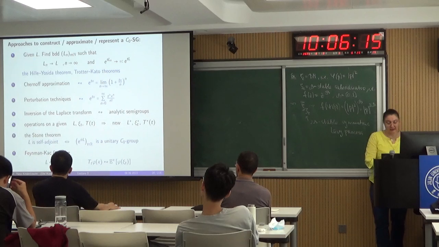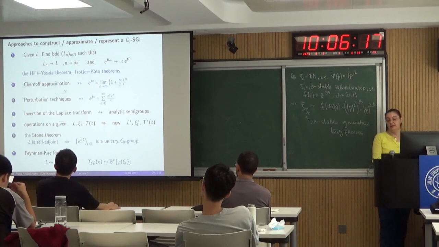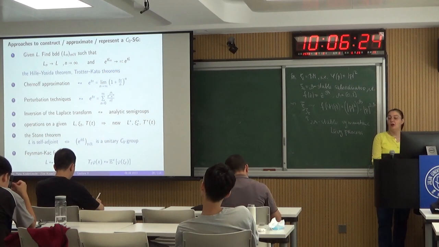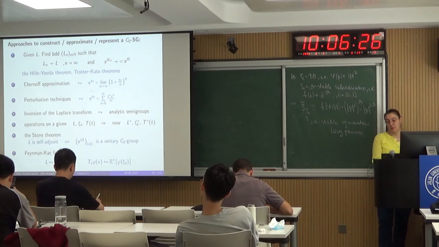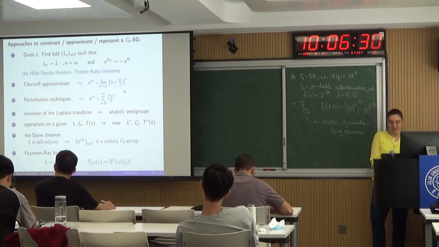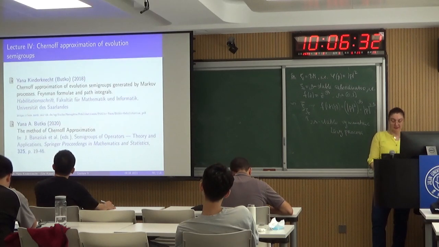And I said that Chernoff approximation is a very general, very broad generalization of this formula, which you should know from the first year of analysis. Okay, so let us go into details.